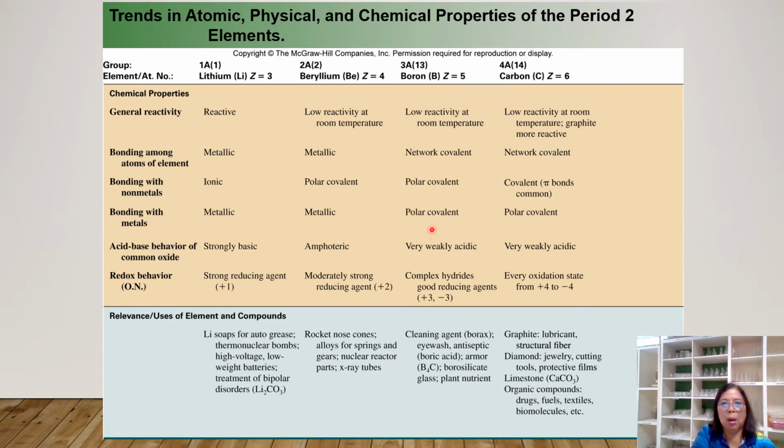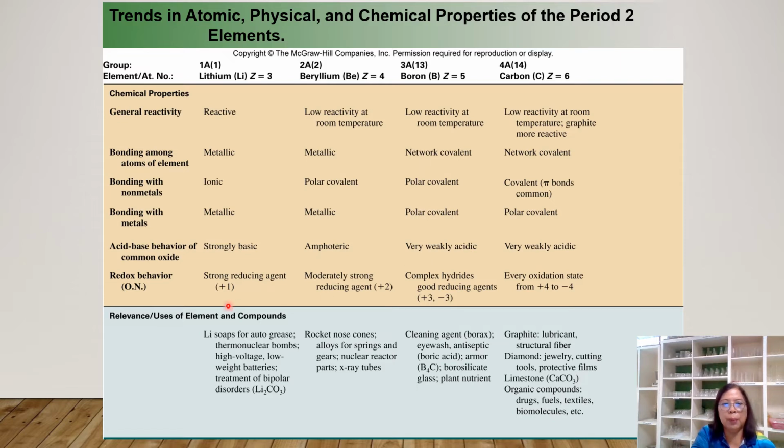They are also polar covalent for the case of boron and carbon. Okay, in terms of acidity, lithium is strongly basic, beryllium is amphoteric, boron and carbon are very weakly acidic.